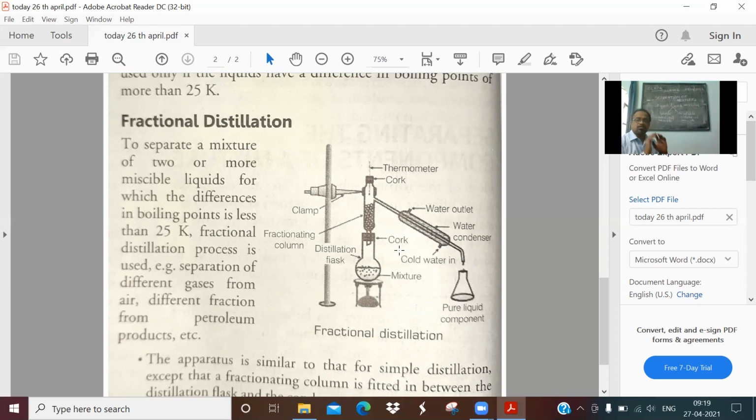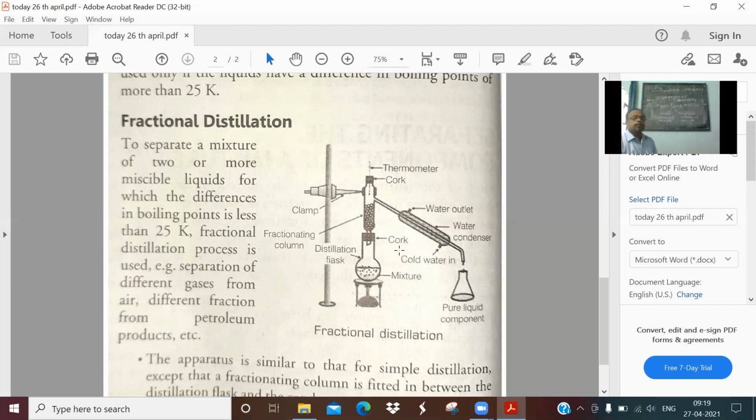This keeps the surface of the glass of the container cool and the pure liquid component could be separated from this. So see that full apparatus setup: fractionating column, distillation flask, mixture, cold water, water condenser, thermometer, cork, clamp, etc. This is an apparatus setup just to show.